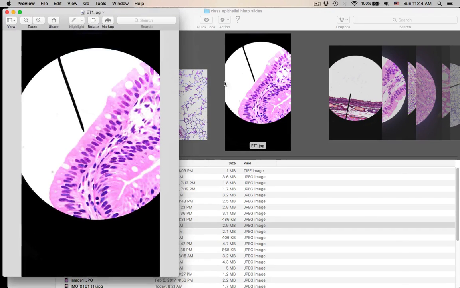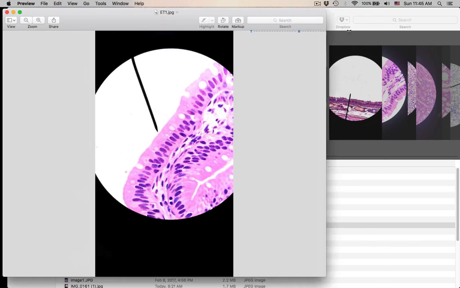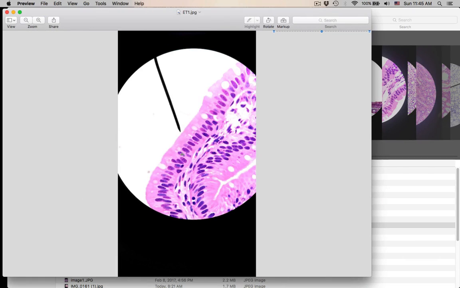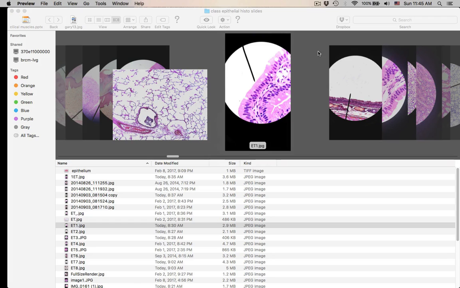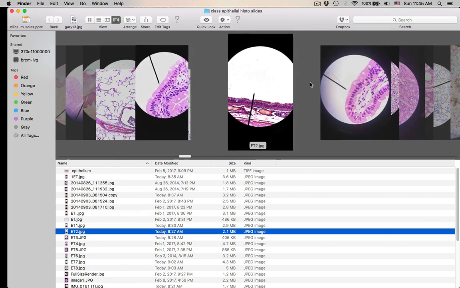Number 9, this is simple columnar. Here's the basement membrane down here, elongated nuclei. This is simple columnar. That was number 9. Number 10.